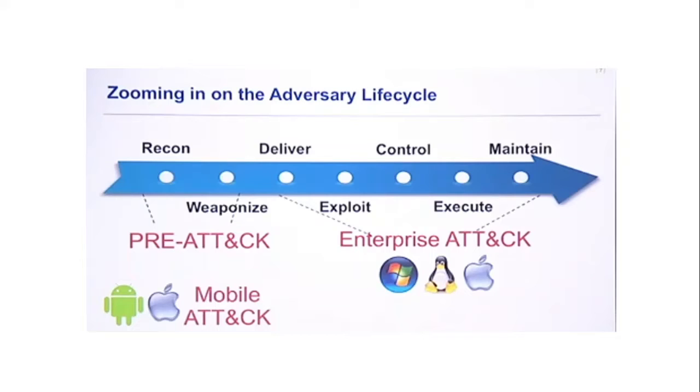And after delivering the attack, they also figure out how to exploit the target, take control over the systems, maybe execute their malware or programs, and figure out how they can maintain access in that particular system.